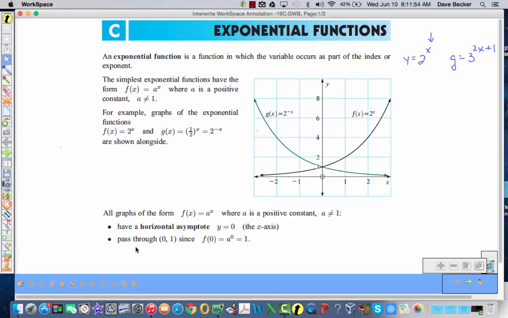And it will always pass through (0, 1), since a to the 0, anything to the 0 except for 0, is equal to 1. So notice this point right here, as it cuts the y-axis at the point (0, 1). It will always do that.